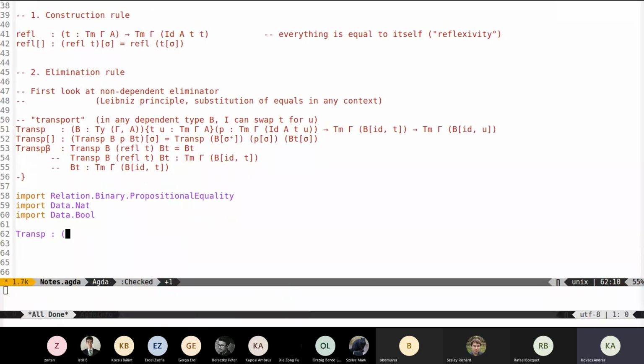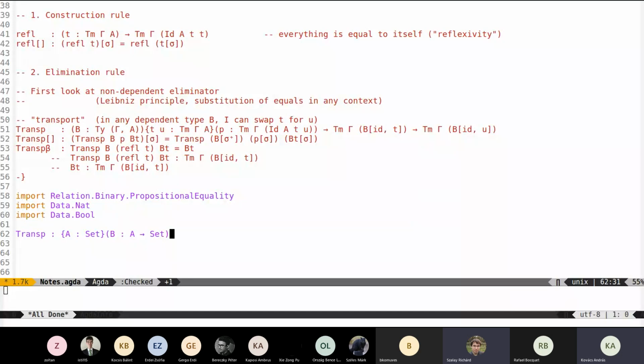So a transport we have, and now there is a slight difference in how we would write this in Agda, because in Agda it is convenient to say that a dependent type is just a function which goes into the universe. So in Agda it is a lot more convenient to say that I have some A, which is a type, and I also have some B, which is a function.